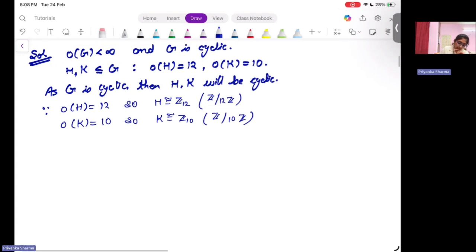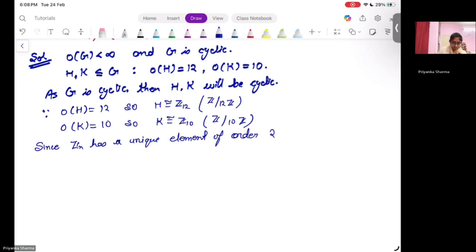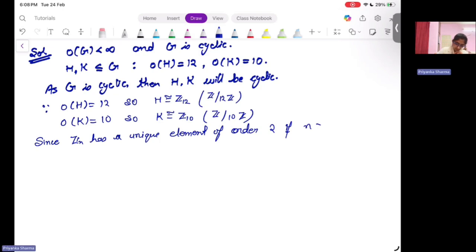Okay, so now since Zn has a unique element of order 2, if n is, okay, simply n is even, it will be greater than 1 then.